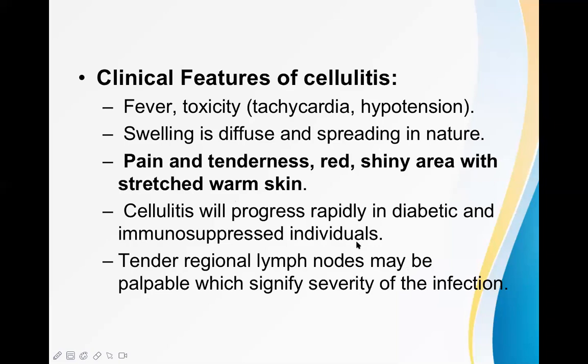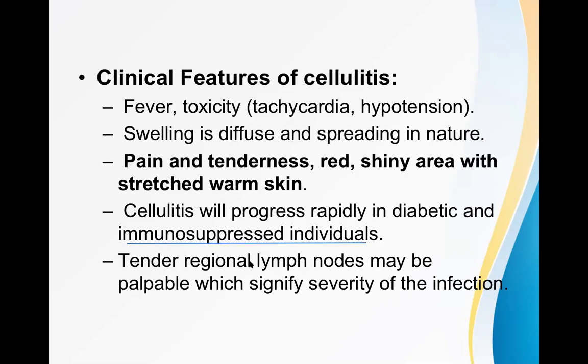Now, if the person is healthy, probably cellulitis will be localized to one area. And even if it is not treated, it would convert into an abscess, and then we can diagnose and treat it. But if the person is immunocompromised, the cellulitis can progress rapidly. Never forget this term.